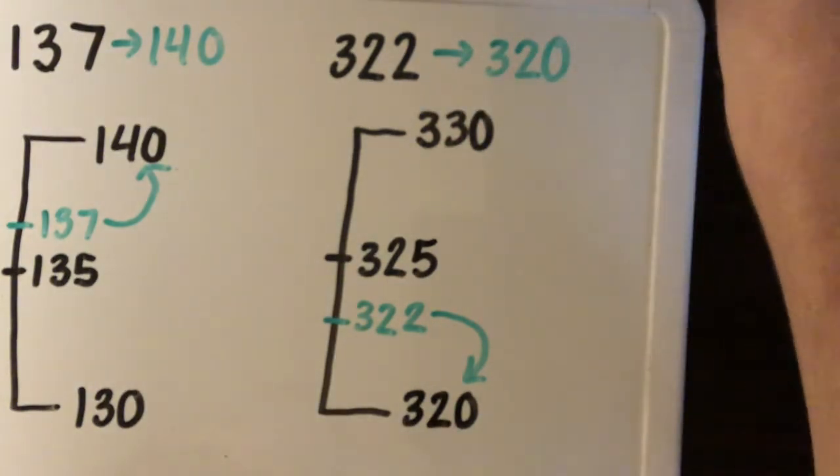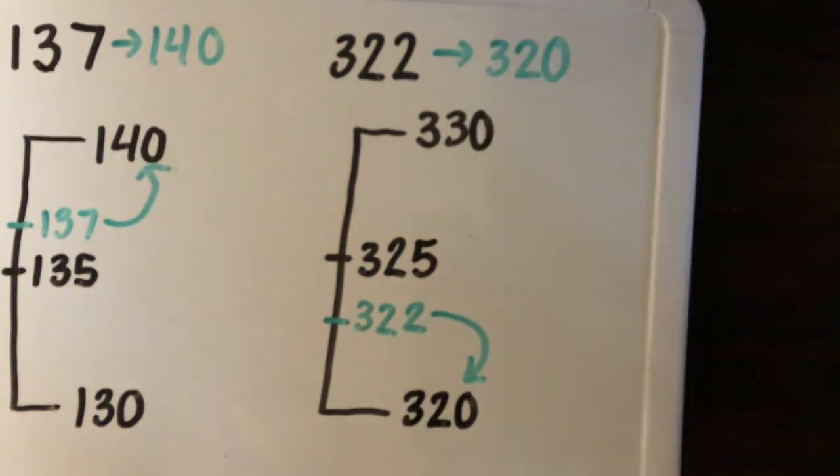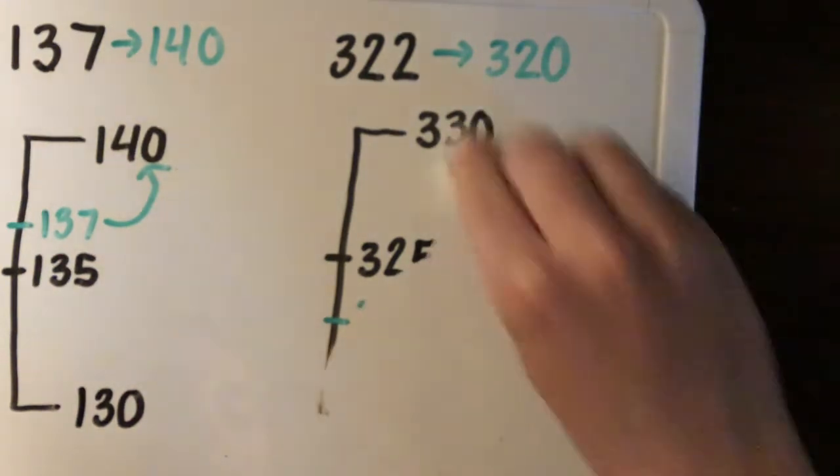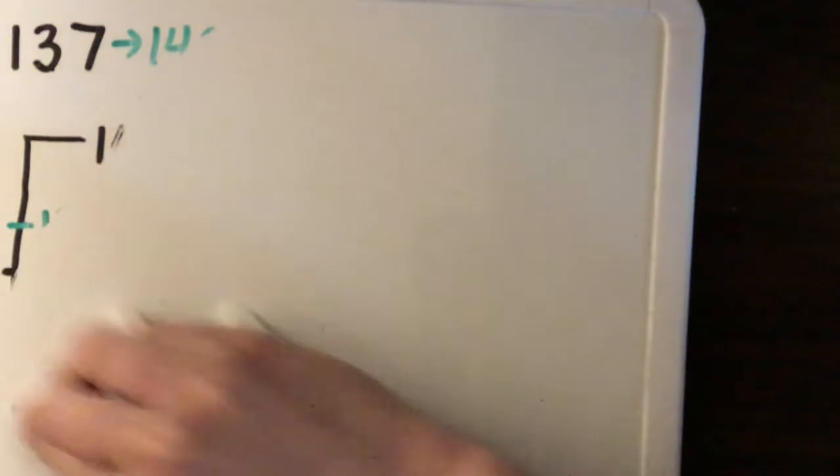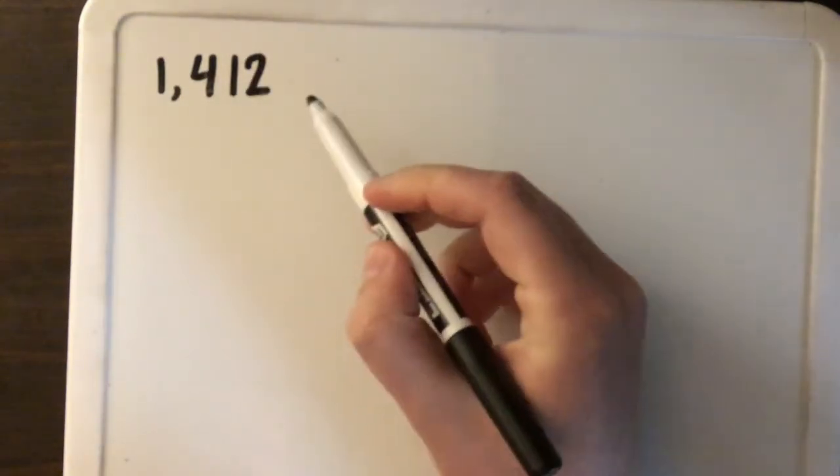All right. I'm going to make it even a little bit more tricky and see if you can follow along with me this time. I'm going to add the thousands place. Let's see how we do. So if I did 1,412.